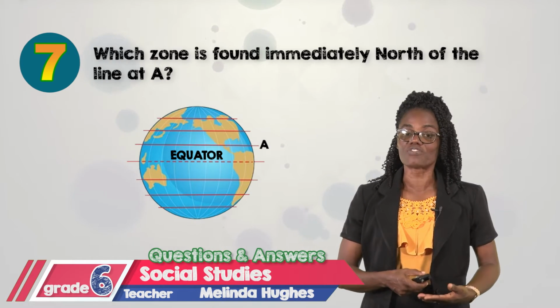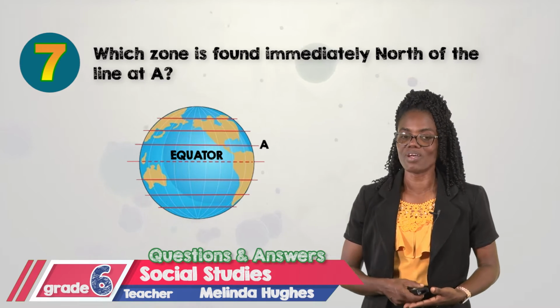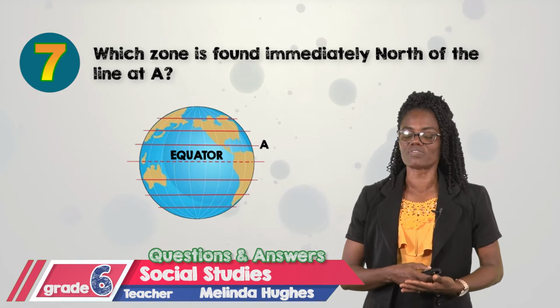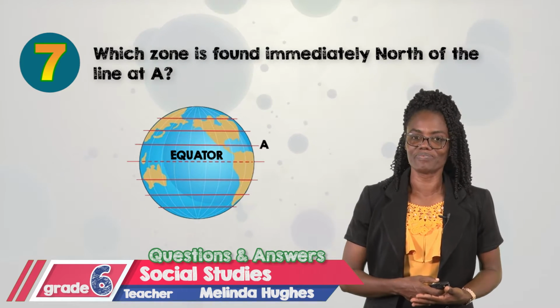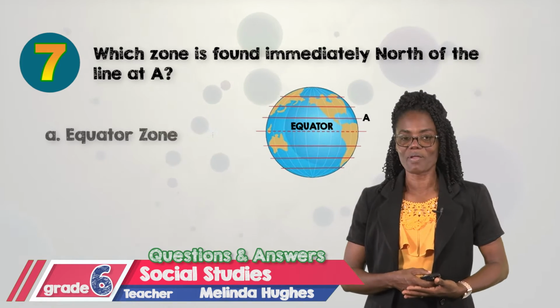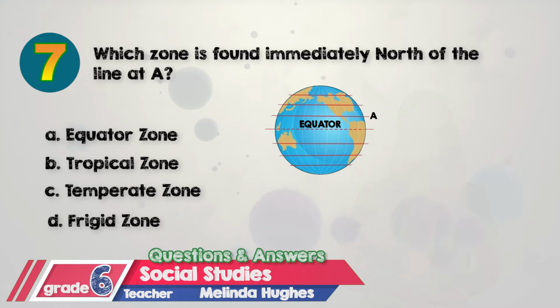Which zone is found immediately north of the line at A? Answers are at A, B, C, and D.